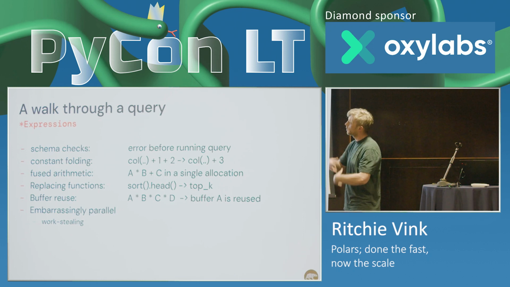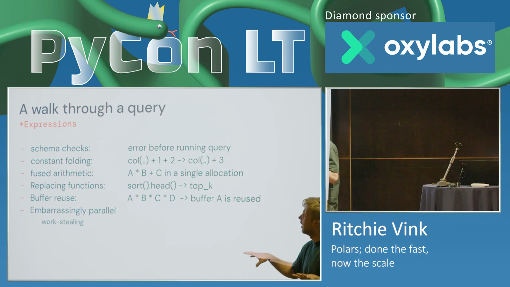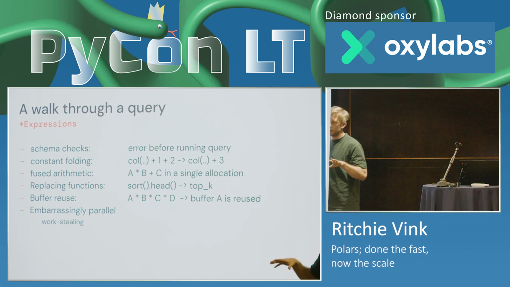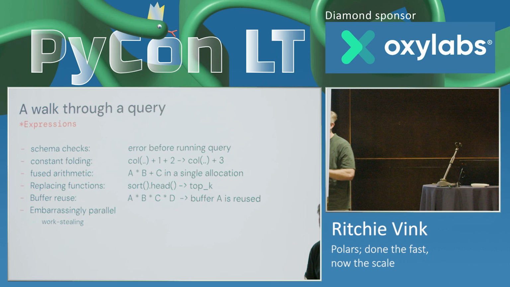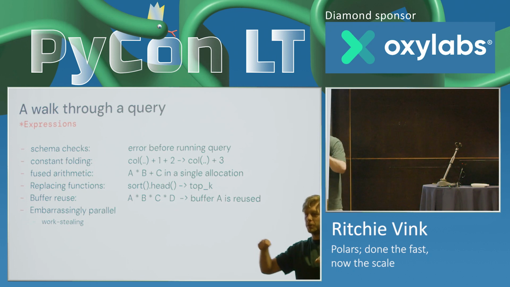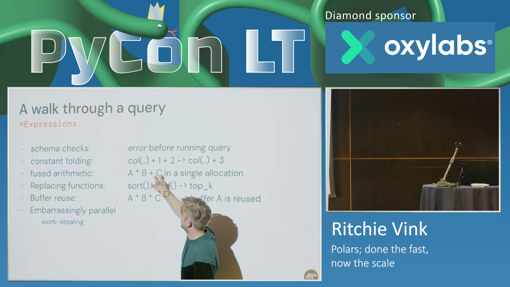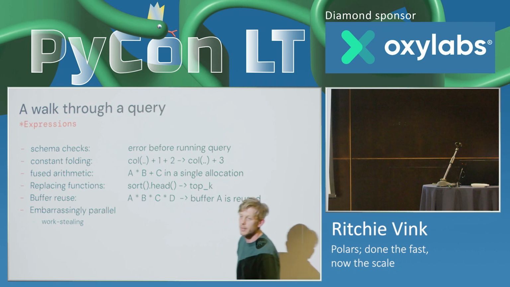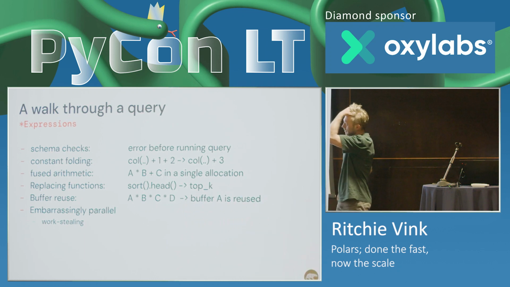And if your expressions get more complicated, you can hit more of those fused arithmetic trees. Is this clear? I see an expression, so in a single loop, you do A times B plus C. Instead of doing this first and then this, you do it in a single loop and in a single allocation.